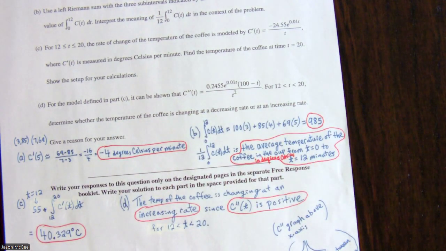Anytime you want to figure out if anything is increasing or decreasing, you have to look at its derivative and figure out where it's positive or negative. If I want to know where the original function is increasing or decreasing, I look at the first derivative and determine if it's positive or negative. If I want to know where the 99th derivative graph is increasing or decreasing, I look at its derivative, the 100th derivative, to determine whether it's positive or negative.